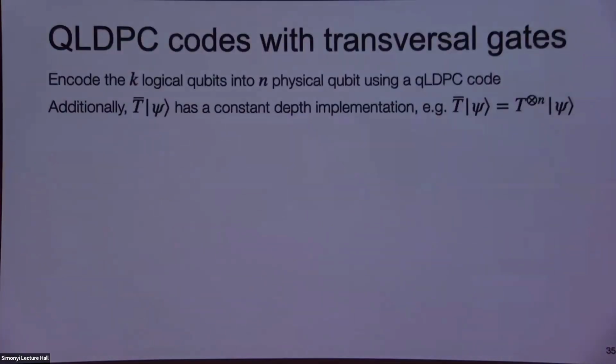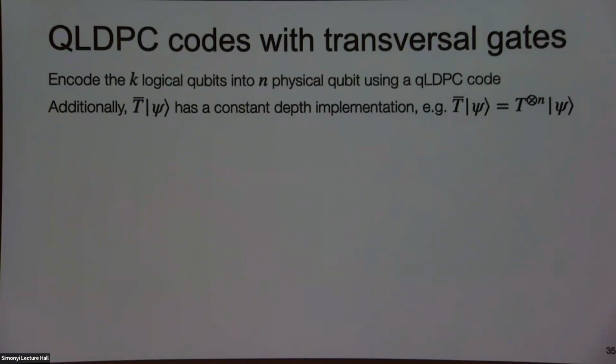Let me just say a few words on the motivation. Let me first describe the idea. This part would involve a bit of physics, but anyway. What we want to do is to encode k qubits into n qubits using quantum LDPC codes.